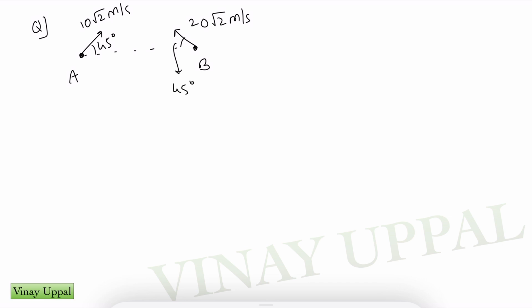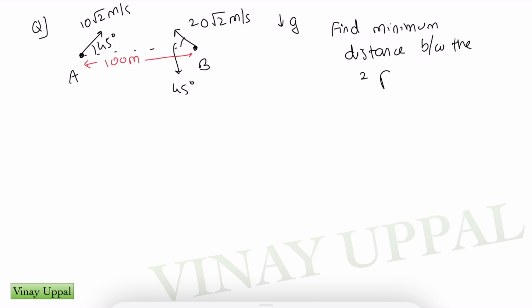And the distance between A and B initially is 100 meters. Acceleration due to gravity is g. So the question is asking, find the minimum distance between the two particles during their motion.